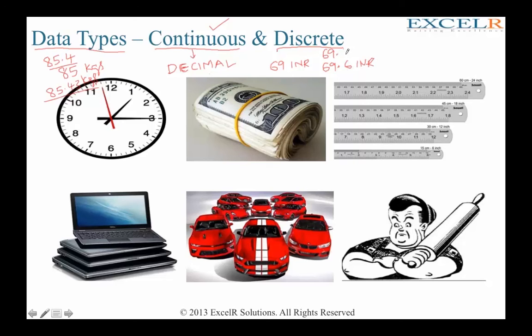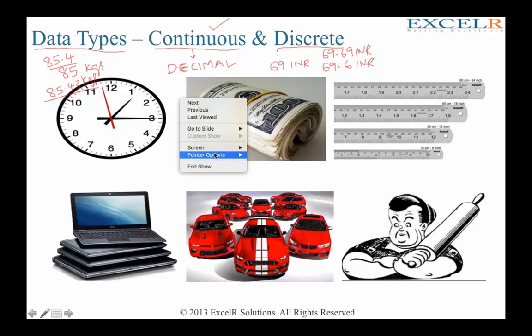If it is 69.69 rupees, then still it makes sense for you, right? So if you represent something in decimal format, and if it makes sense, that is called continuous data. Time, right? Cost, distance, all these are classified as continuous data.